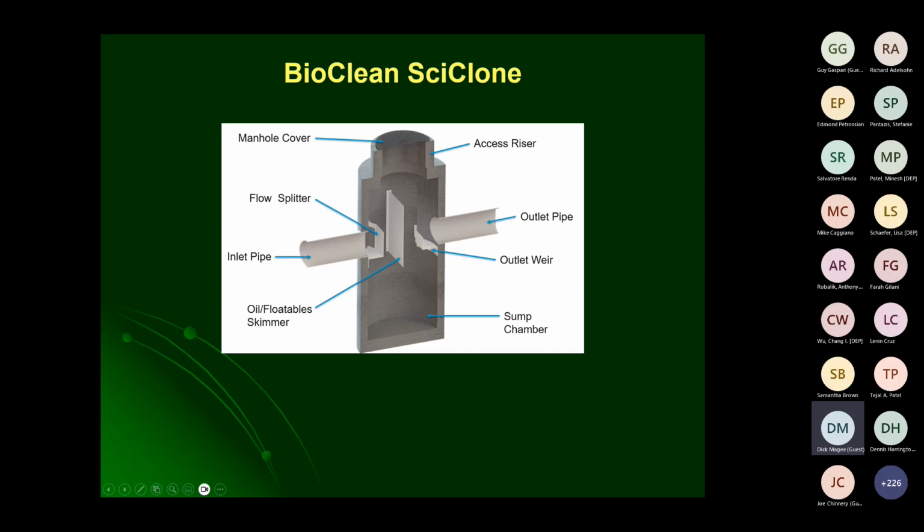Basically, as the fluid comes in the inlet pipe, it gets split. It can't get by the oil floatable skimmers, so it has to go down below that, has to come up the other side, has to go through the outlet weir and through the outlet pipe. Again, a device which is not going to operate properly with a straight inlet pipe and a straight outlet pipe.